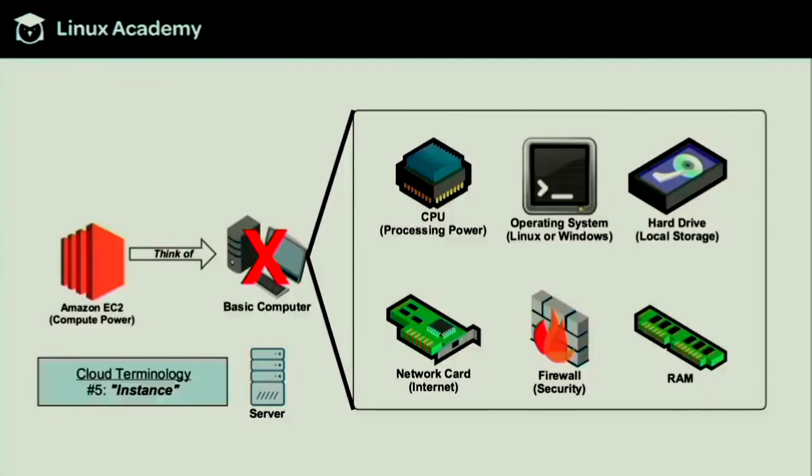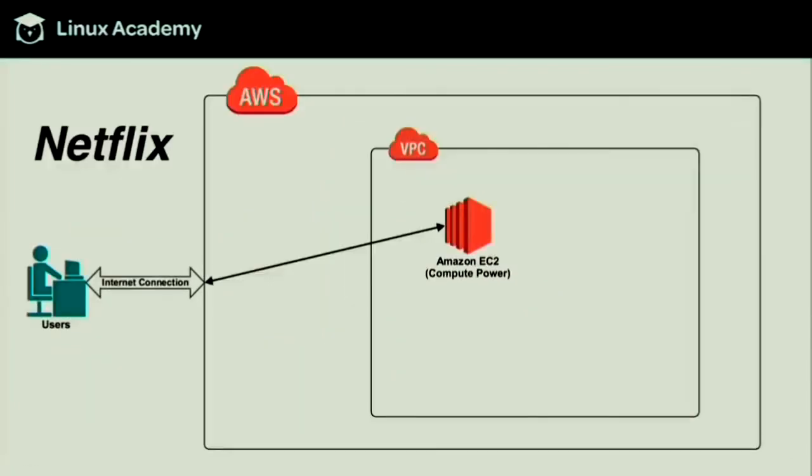So you will hear terms like provision an EC2 instance or spin up an EC2 instance. So if you hear instance, just think server. When you hear instance or server, just think EC2. And if that is still a little unclear to you, you can always just think about EC2 as a basic computer, right? It just has these components, and then you can do with it whatever you would like.